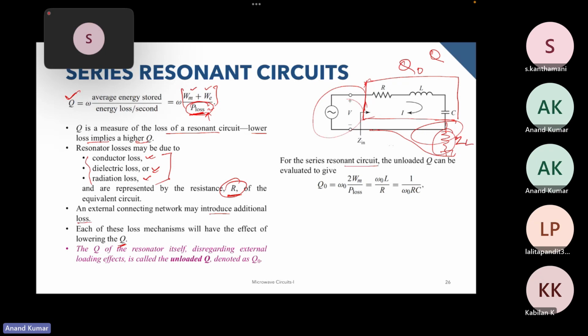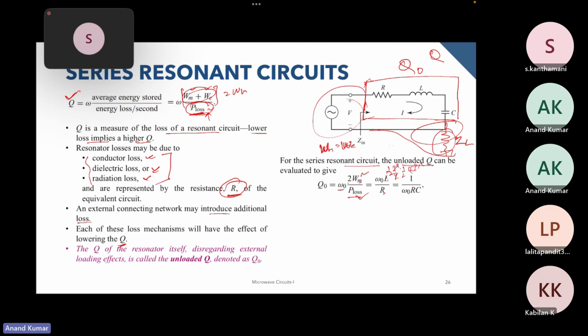So for a series resonant circuit, the unloaded Q can be evaluated as 2 omega naught Wm by P loss. Essentially, at resonance, Wm will become equal to We. So writing this as 2 Wm, this essentially becomes equal to L by R. We substitute the value of Wm and P loss, which are half I square R and half L I square.